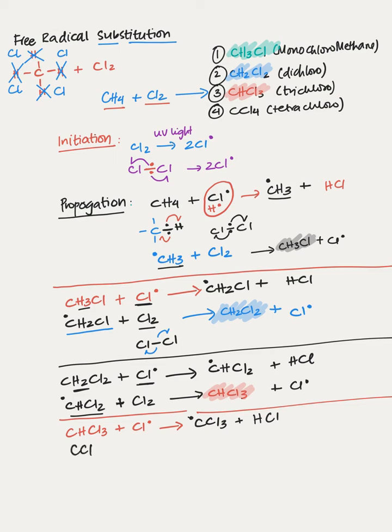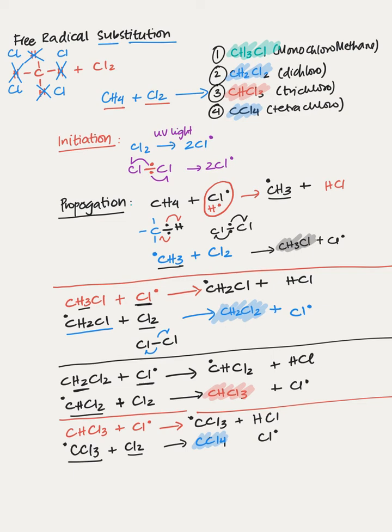Now the CCl3 radical will join with the Cl2 molecule. This Cl2 molecule breaks into two radicals. One radical is given as it is, and the other radical joins with this guy to give CCl4, which is tetrachloromethane right here. So we have all these four products that we needed.